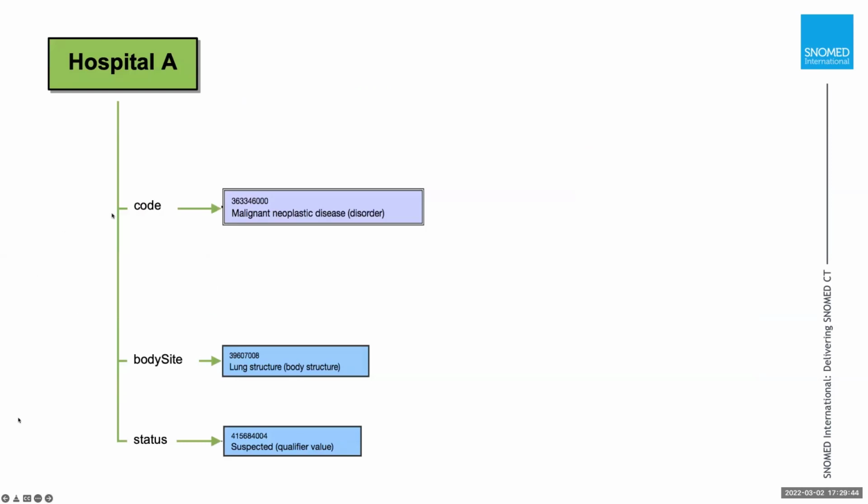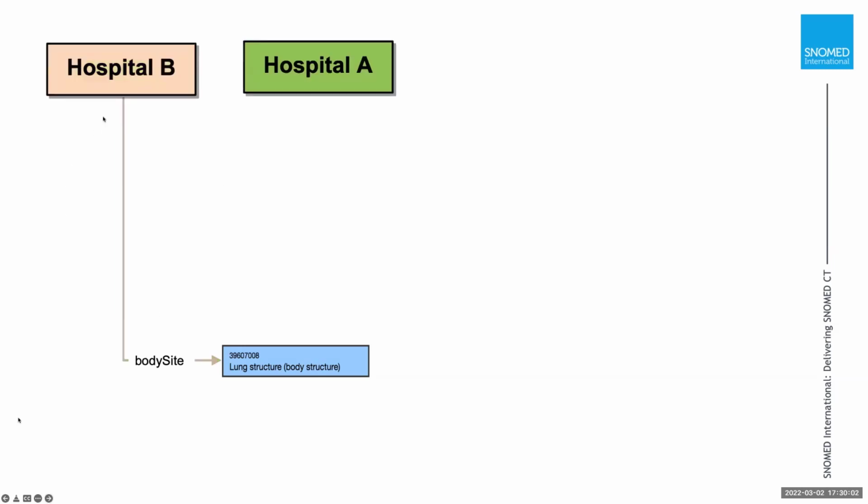Consider Hospital A. The code is represented by this SNOMED CT concept, malignant neoplastic disease. The body side is the lung structure concept, and the status is suspected, which lies in the qualifier value hierarchy. Hospital B uses the same concept for the body side, which is the lung structure.